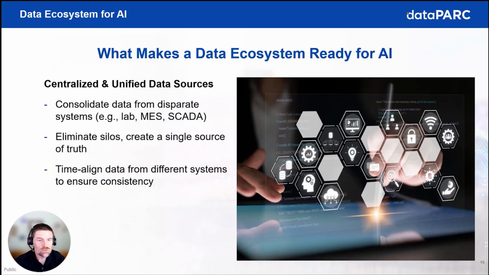So the next thing to consider, and I mentioned a moment ago, is you might have multiple sources of data, right? So you may have multiple historians, you may have laboratory data systems, you may have MES systems, you may have a whole host of different data silos, and that can occur because of the way a company has grown over the years by adding new and different systems, or maybe they've acquired assets.